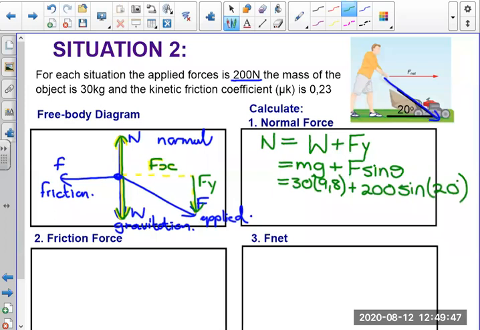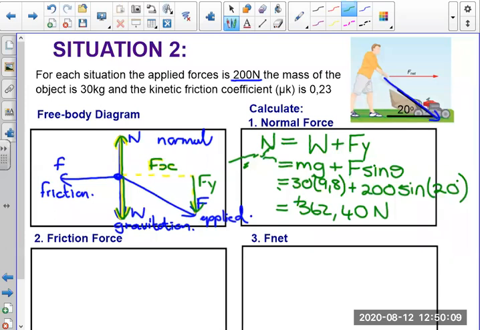Okay. So when I do that with my calculator, you are supposed to get an answer of 362,40 newtons. Remember, the paper says in the instructions that you have to round off to a minimum of 2 decimal places.